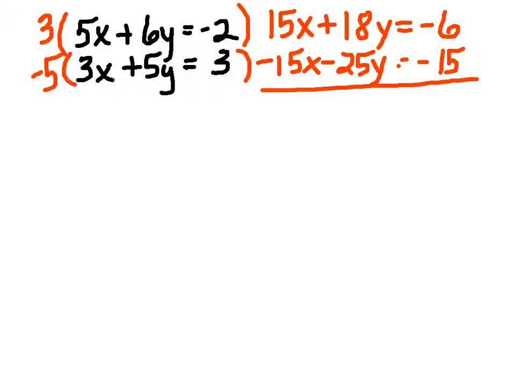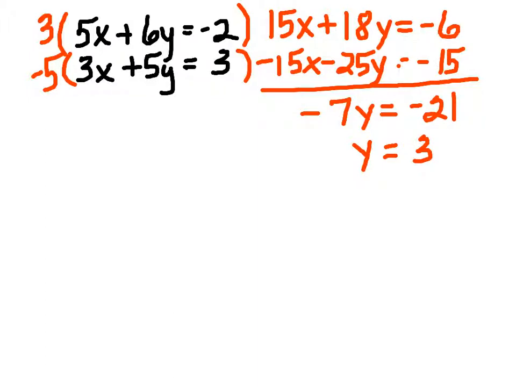So when I add these together, I am actually going to go 18 minus 25, which is going to give me a negative 7. And this gives me a negative 21. Very convenient that negative 7 goes into there, so y is equal to 3.